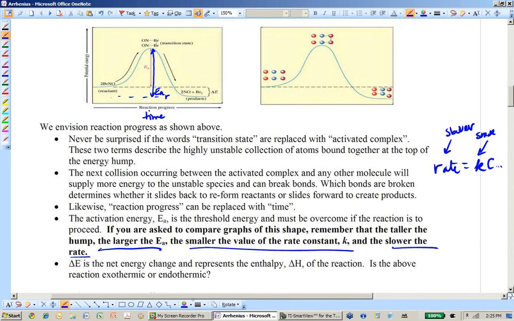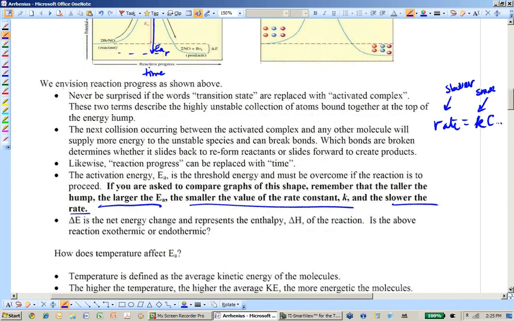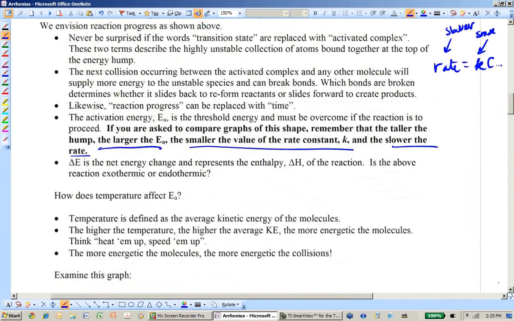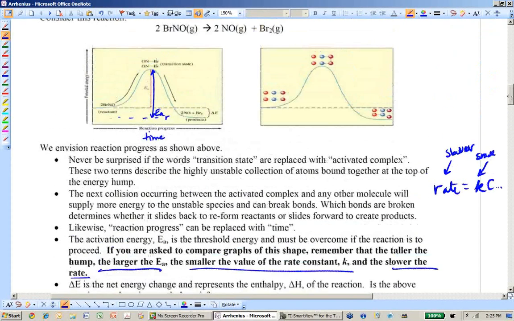All right, then delta E is that net energy change, and it's representing the enthalpy of the reaction. And so I ask you, is the above reaction exo or endo? Go ahead, I'll wait. Indeed, it is exo.